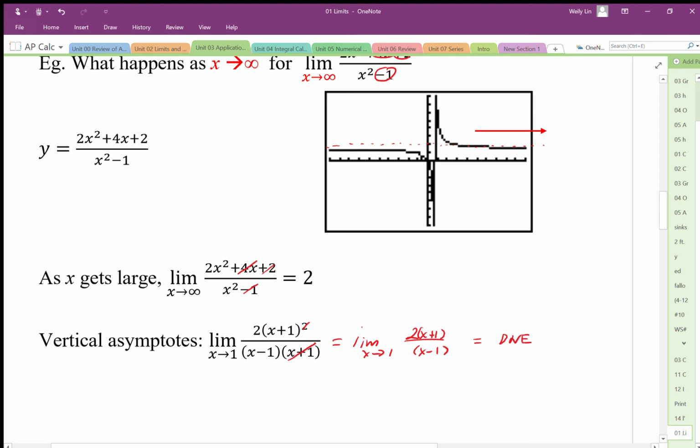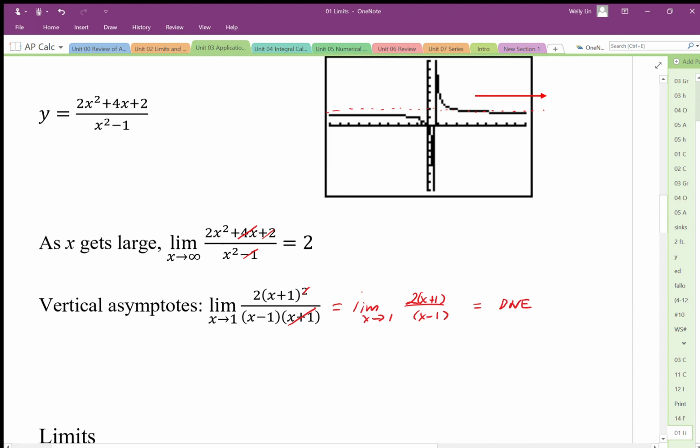Because we go up the vertical asymptote from one side, and we go down the vertical asymptote from the other side. So as a two-sided limit, they're going to two different places. Now, as a one-sided limit, we can actually do this. So I'm going to split this up.